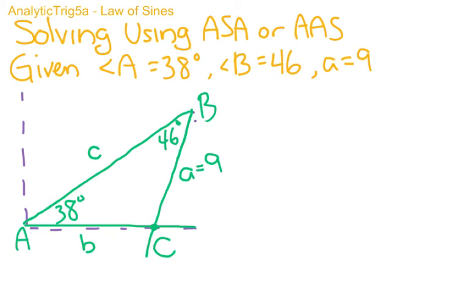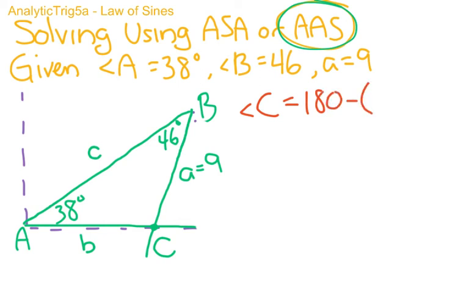So now notice that we have angle, angle, side. The next step, which is fairly simple, is just to calculate the missing angle. So angle C is equal to, so we're basically solving this triangle, is what we're doing. Angle C, there's a total of 180 degrees for the triangle, and we're subtracting the sum of 38 plus 46.